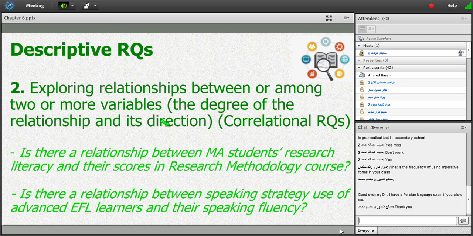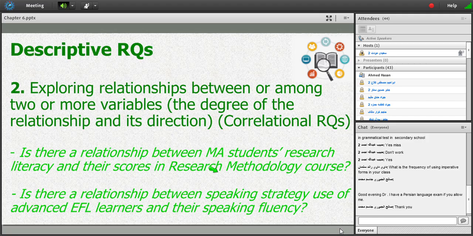If there is a positive relationship, when the research literacy increases, the students' scores in research methodology course should increase. When there is a negative relationship, when the students' research literacy increases, their scores may come lower.